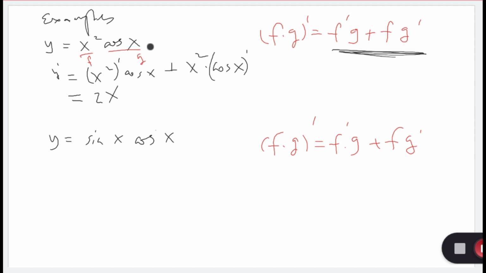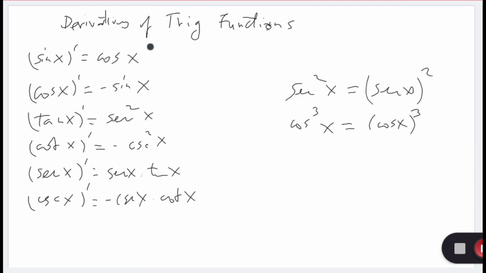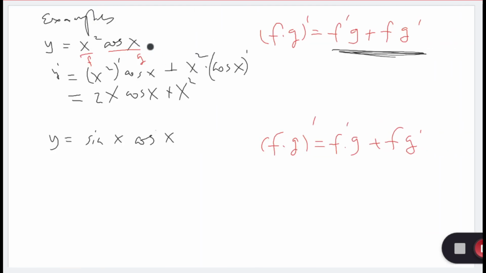Just bring 2 down, reduce power by 1, and the derivative of cosine, and that's new. That's one of the formulas we have available, derivative of cosine here, negative sign. So we do now apply formula here. And that's the answer.